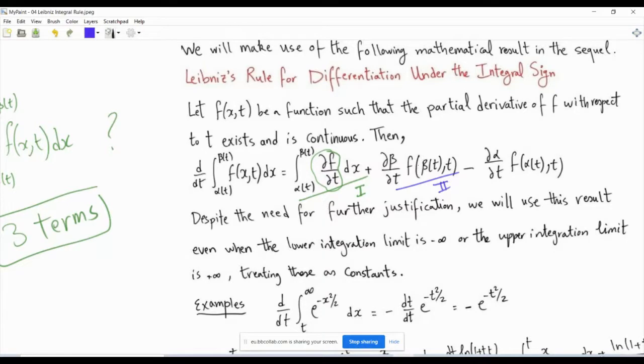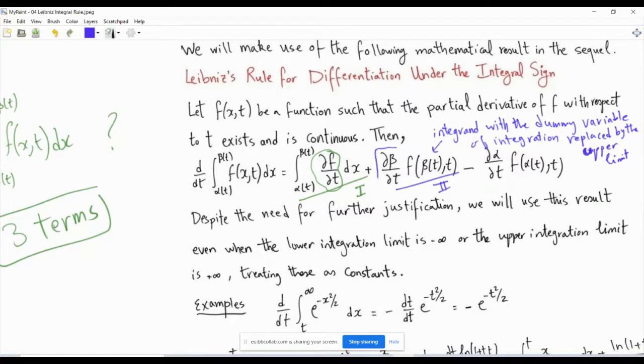So you take the function you are integrating, the integrand, with the dummy variable of integration replaced by the upper limit. So you take f of x, t and you replace x by beta of t. And you need to multiply by the partial derivative of beta with respect to t. Like this.